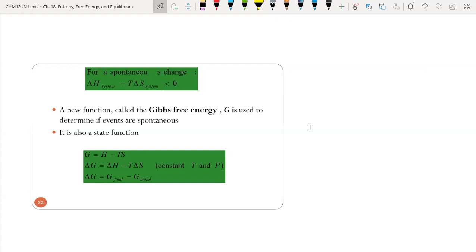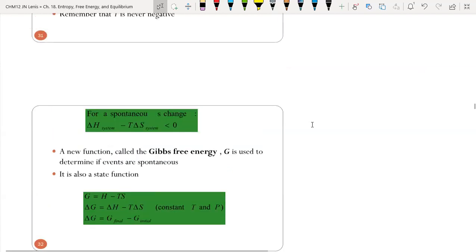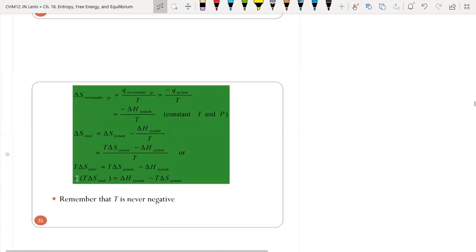The definition of free energy will help us to identify spontaneous processes. Remember, for any spontaneous process, delta G must be negative, according with the previous concept here. Negative T delta S total of the system is the definition of free energy.